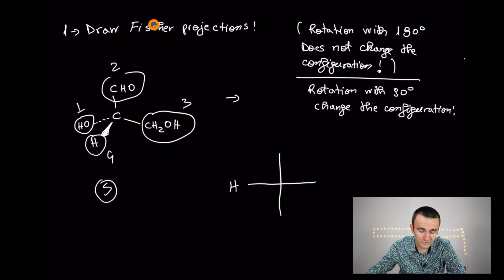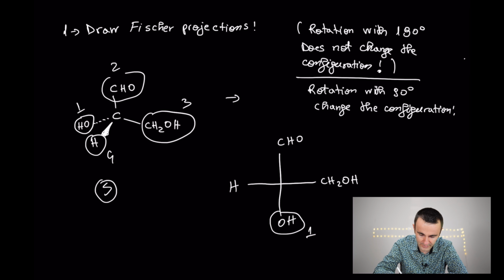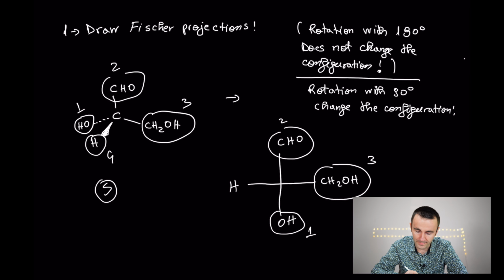Now arrange the groups in such a way that you can reach the S configuration that you have here, because you are not allowed to change the configuration if it says draw the Fischer projection. Now let's assume this group here, this group here, and this group here. Now, first, second, third, right?